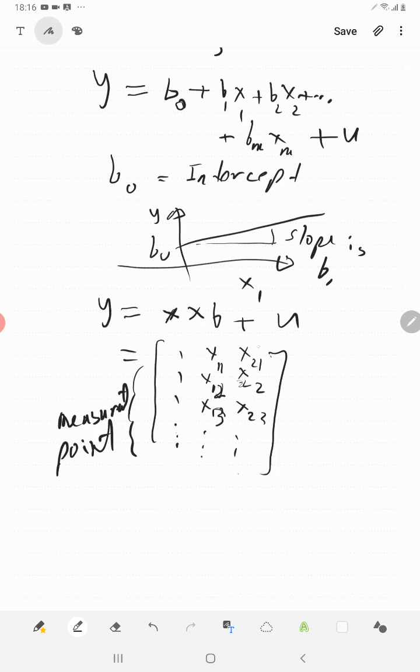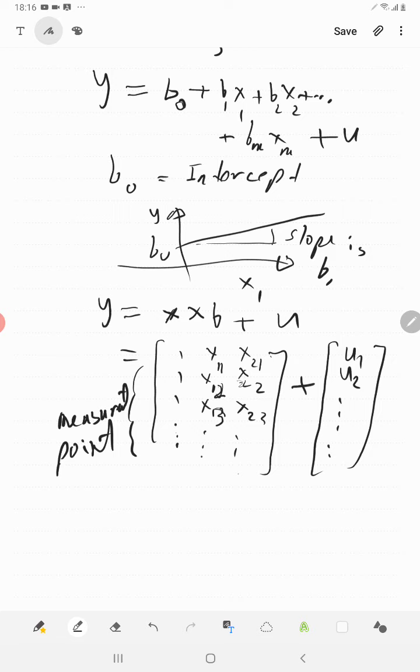Similarly, x21 is the first measurement of x2, x22 is the second measurement of x2, x23 is the third measurement, and so on, plus vector u1, u2. This represents the disturbance of the measurements, the error in measurement 1, measurement 2, and so on.